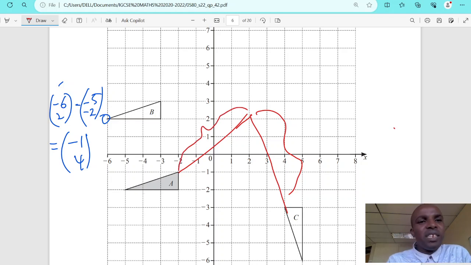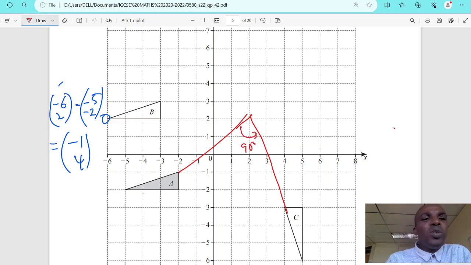So you have to use your ruler to measure that one, and this angle must be exactly 90 degrees. If not, then that will not be the center of rotation.